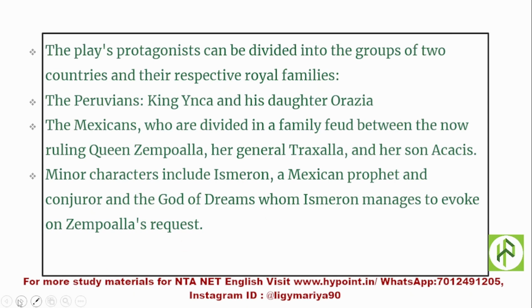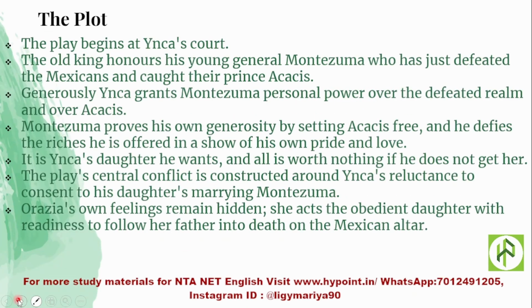We will jump into the major plot of the play. The play begins at Yanka's court. The old king honors his young general Montezuma, who has just defeated the Mexicans and captured their prince Acasis. Montezuma was honored by Yanka because he fought well.